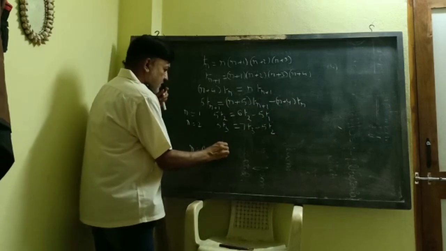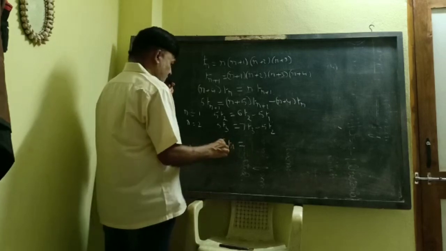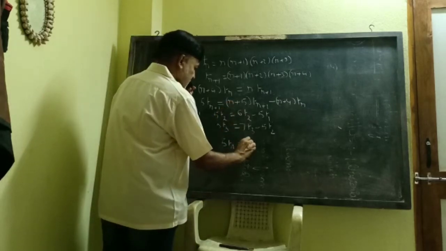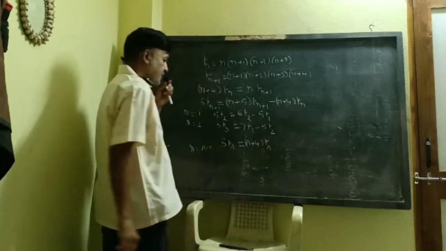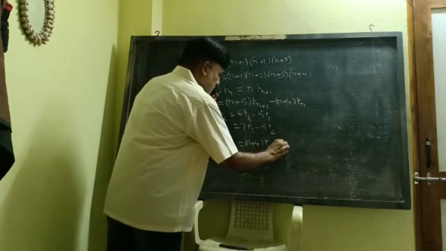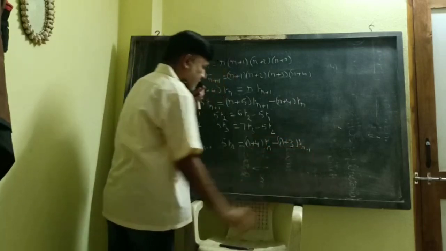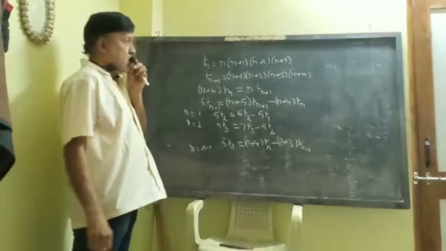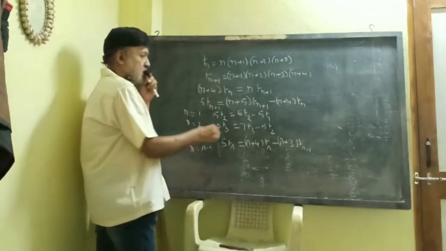Then we will get 5Tn is equal to, if you put n minus 1, you will get n plus 4 Tn minus n plus 3 Tn minus 1. You will get like this. Now you add all these things.